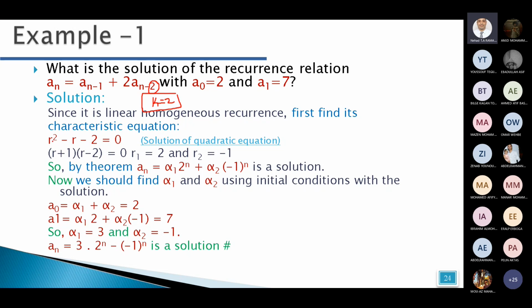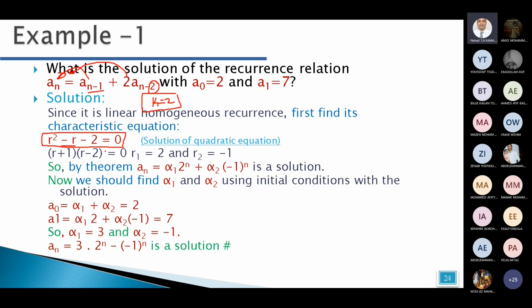So first r will be r power 2. Then a_{n-1} will be r power 1, which is 2 minus 1. And why is it minus r? Because we have to send it there. Then 2 minus 2 is 0, so we don't have r, we have only 2. Sent there, it becomes minus 2. So this is the characteristic equation: r power 2 minus r minus 2 equals 0.